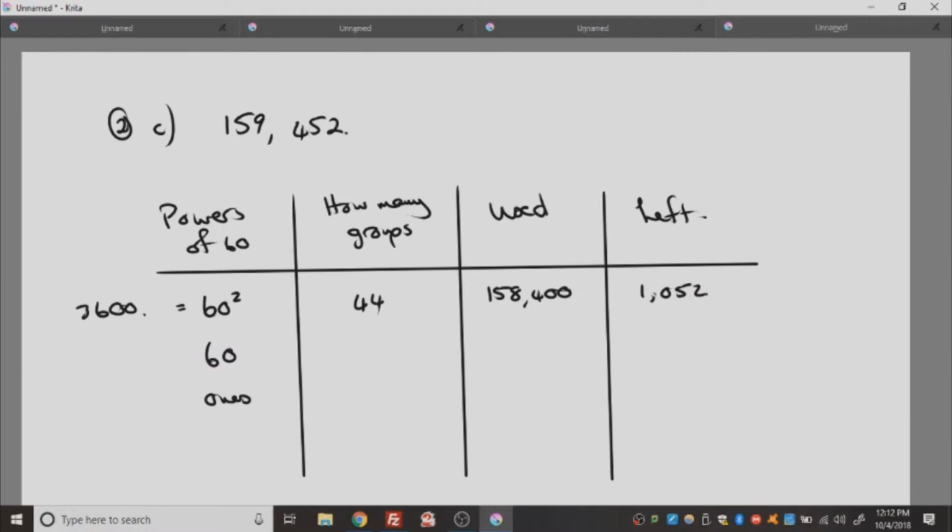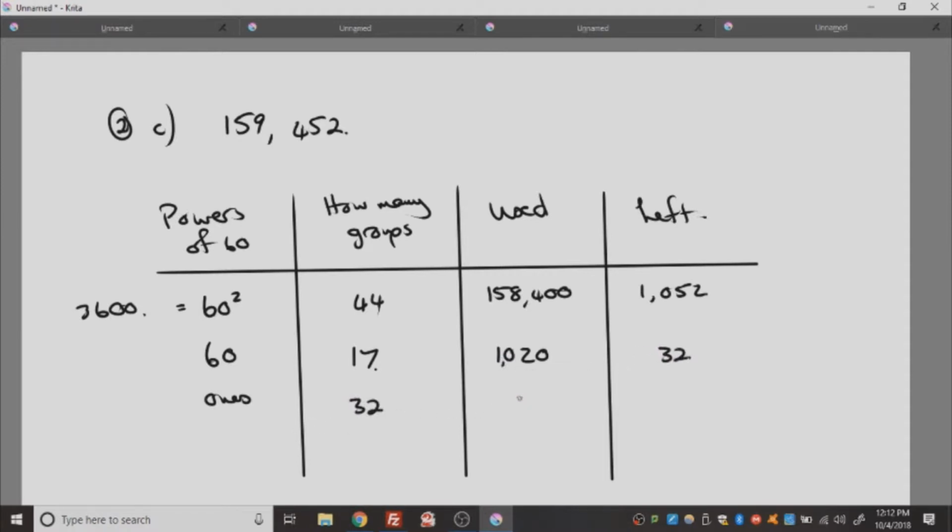How many 60s can fit into 1052? 17. 60 times 17? And I only have a little 32 left. Yes, it totally should. Still only 32 left.